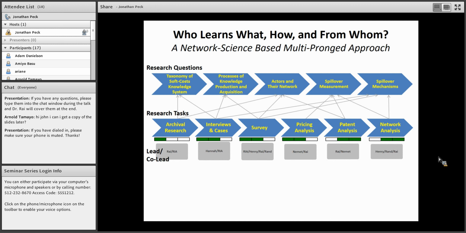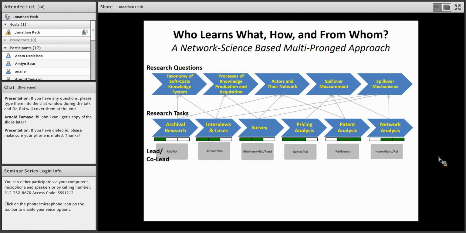But we are doing this all from a very network science perspective. How are different installers connected to each other? Not directly necessarily, but through supplier communities, through module suppliers or inverter suppliers, through nonprofits or knowledge bodies, for example, different conferences. What are all those connections?